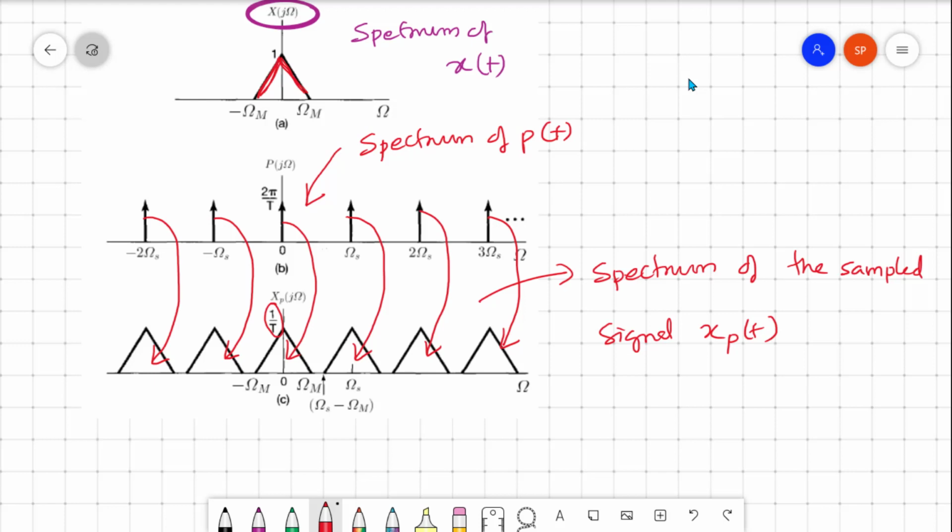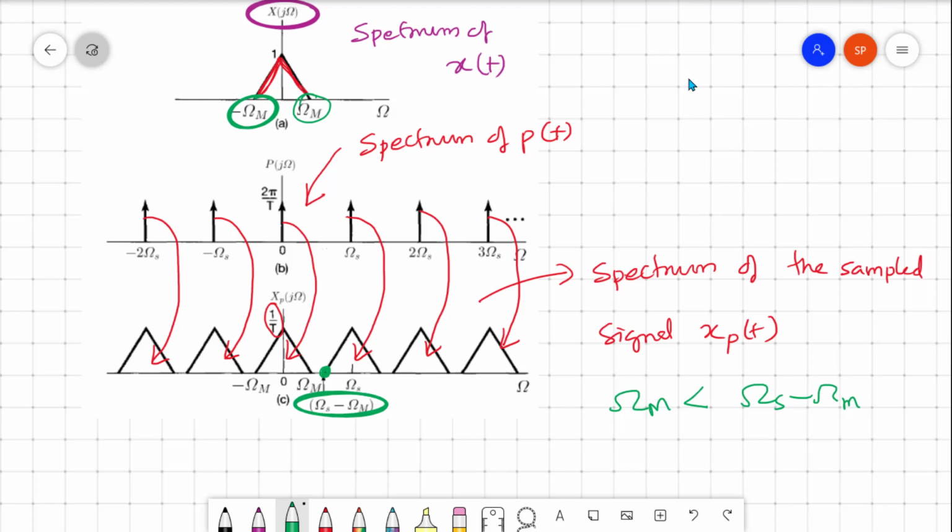So in this figure we can clearly see that this is omega m, the maximum frequency, and omega m should be less than omega s minus omega m. This point is nothing but omega s minus omega m. So if this condition is not satisfied, what happens?